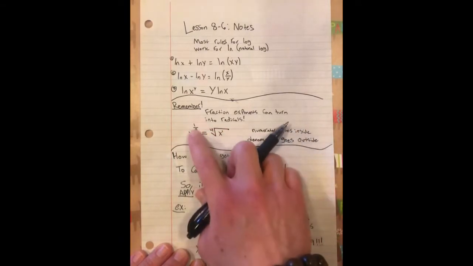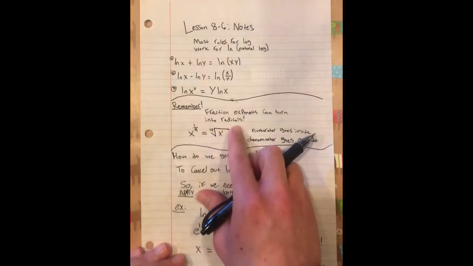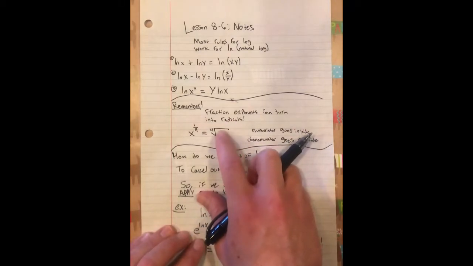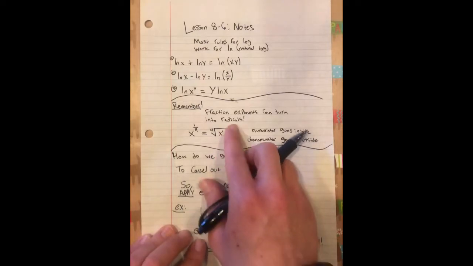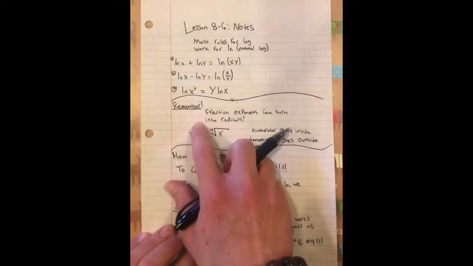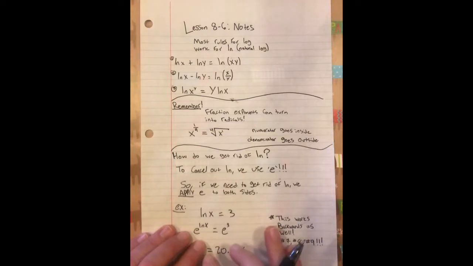I wrote that 1 in here. If it is a 1, we don't necessarily need to write it, but if it's any other number, we actually have to write it and apply it. So if it was like 3 squared or something, we would have to actually multiply that out. Again, numerator of the fraction goes in, denominator of the fraction goes out, and you should be good to go.